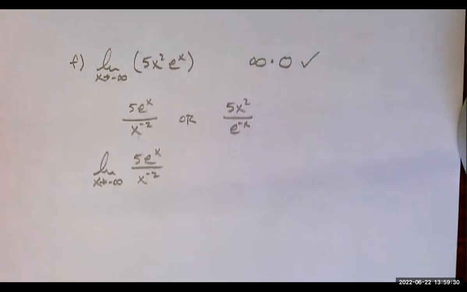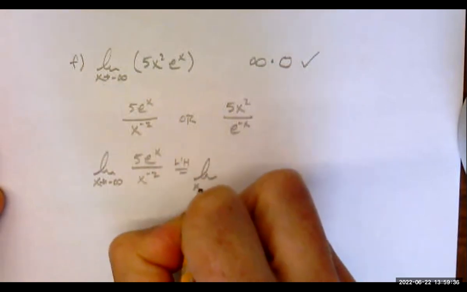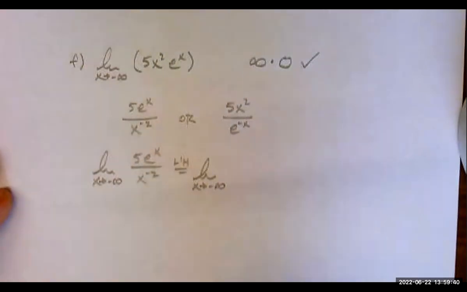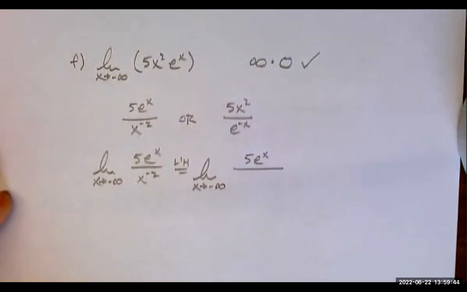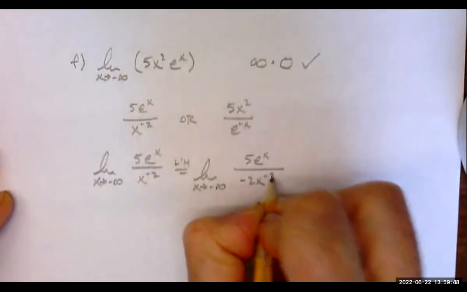Let's take a look. 5e to the x over x to the negative 2. So applying L'Hopital's rule, the derivative of 5e to the x is 5e to the x. The derivative of x to the negative 2 is negative 2x to the negative 3.